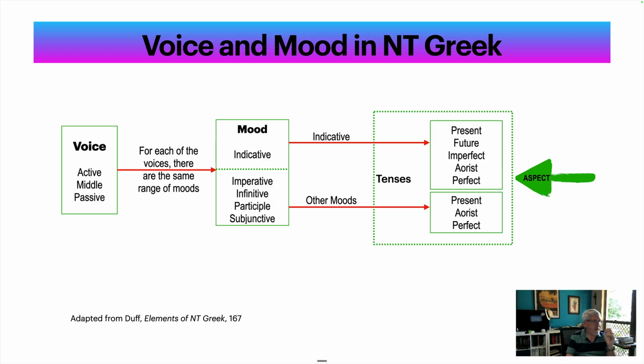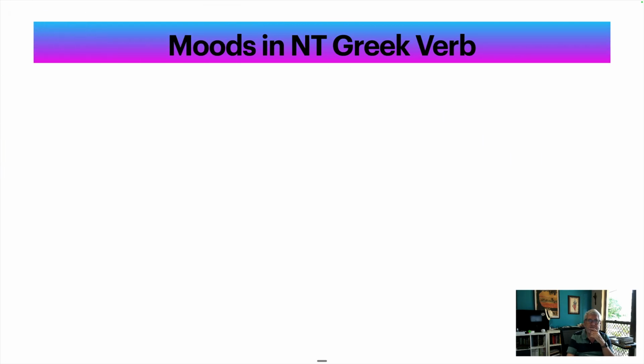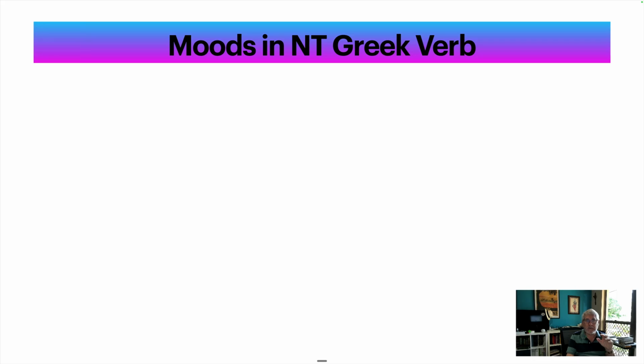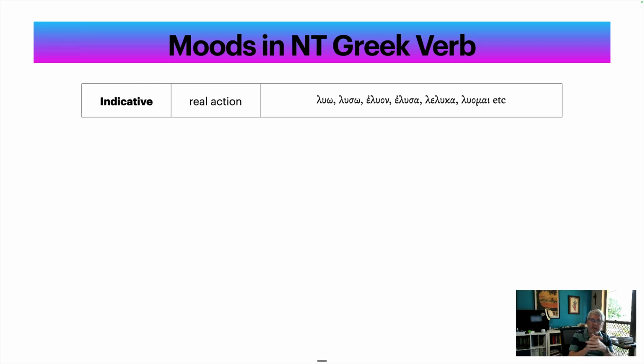Okay, so that kind of a map might help you get a bit of a mind map, as it were, in terms of the verbal patterns. So looking at this in real life, the indicative is real action, and in terms of our demo verb, luo, this is actually looking at the principal parts of the verb.